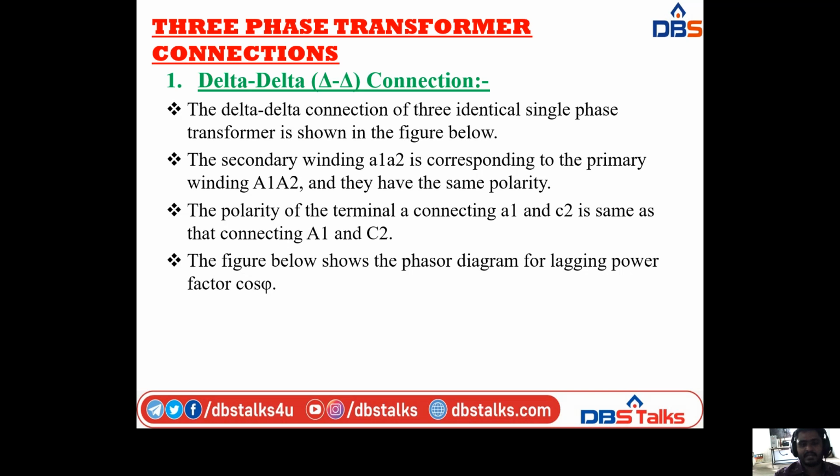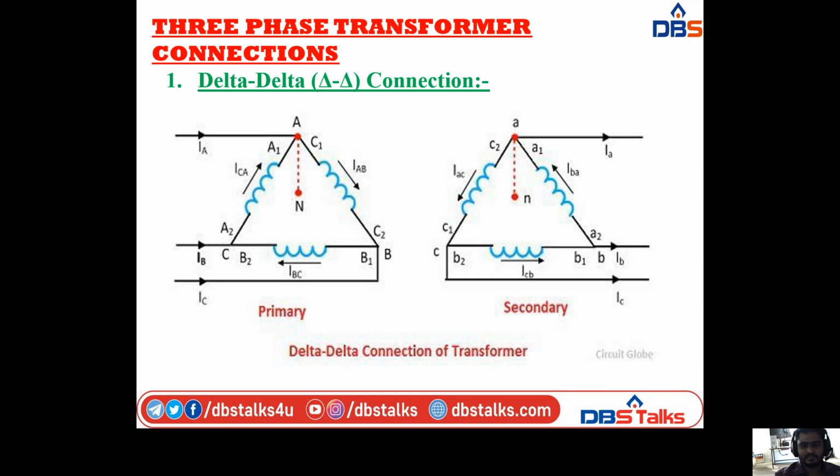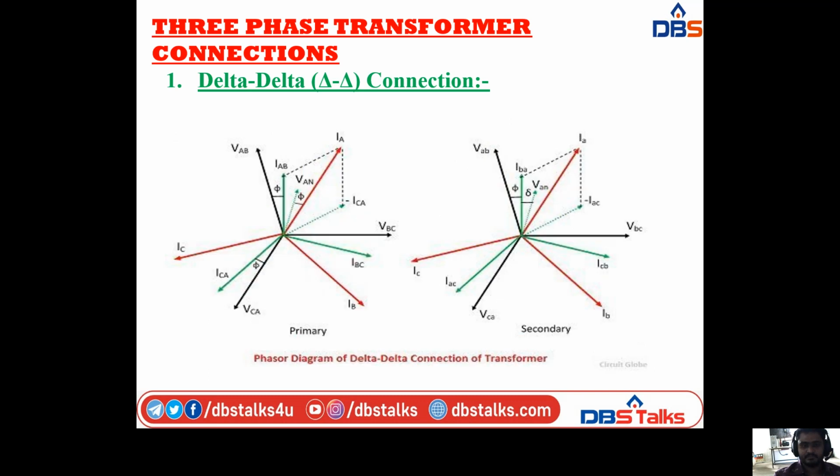The polarity of the secondary terminal a, connecting A1 and C2, is the same as the connecting points of the primary, that is A1 and C2. Here also we are taking A1 and C2. Both connections are the same.